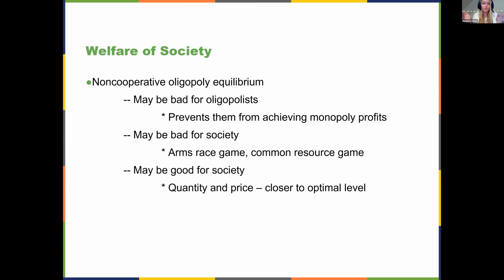There's less output produced, charging a higher price, and the oligopolist firms make a high profit. If they cheat, however, this moves the industry closer to perfect competition, which has greater output at lower prices that maximizes total welfare or total surplus for everyone in society, not just the oligopolist getting the profit.